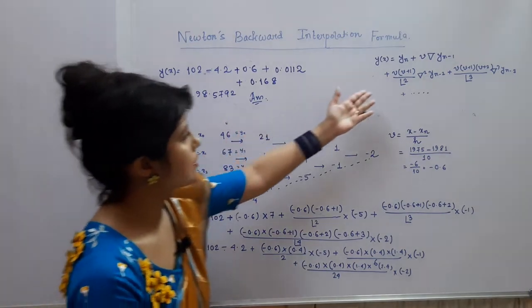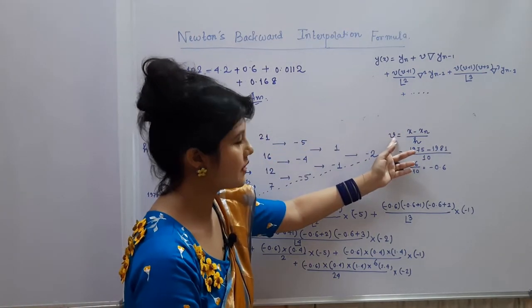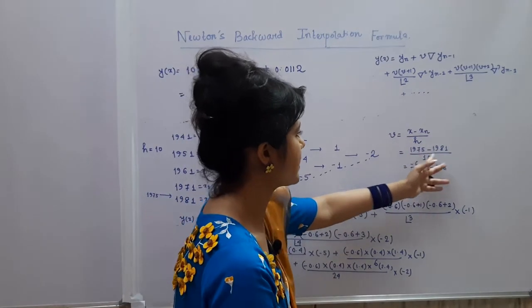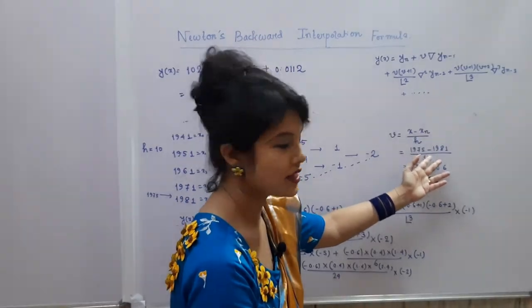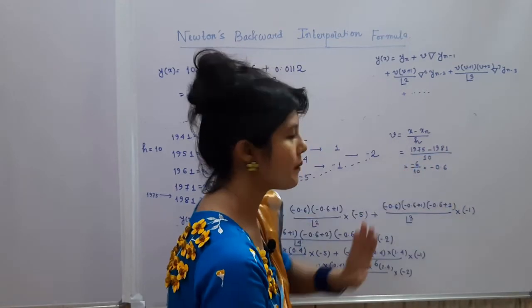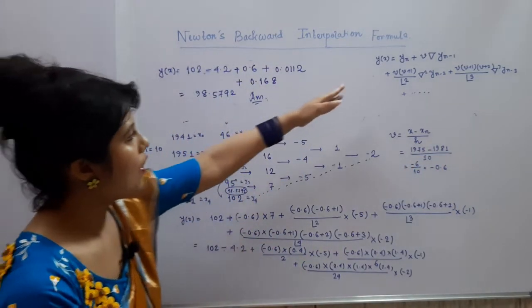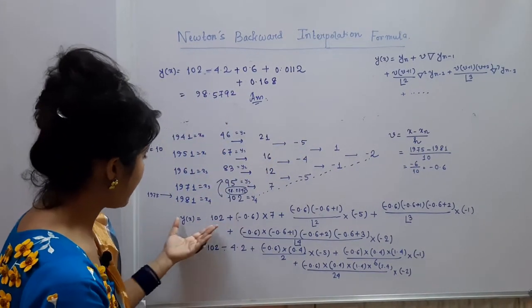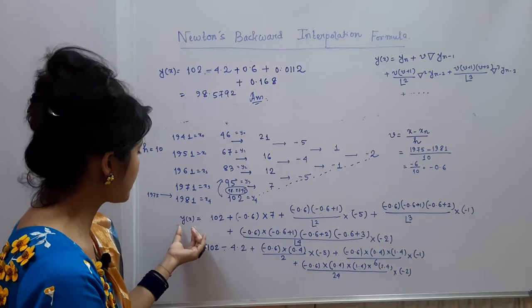Now using this formula you can first derive what v is, that is v equal to x minus xn by h. So here x was 1975 minus 1981 by 10, so clearly minus 0.6. Now using this formula I can expand the expression for yx.